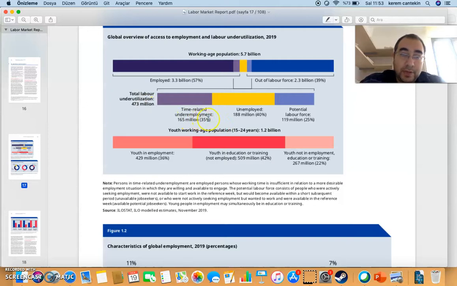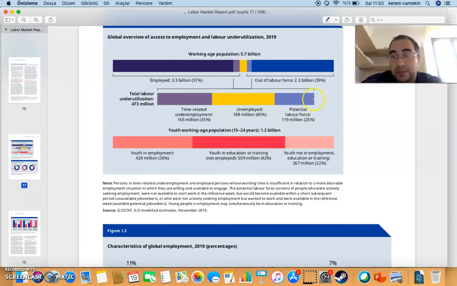So 35% of them is time-related underemployment, so they are not working full time. And then you have unemployed people, and then you have the potential labor force. Those people could be in the labor force but are not part of it.